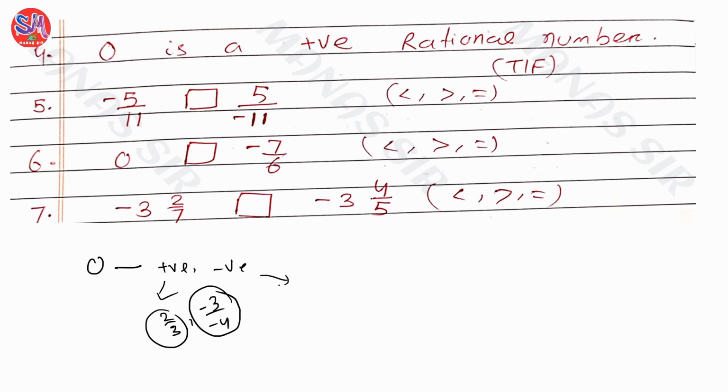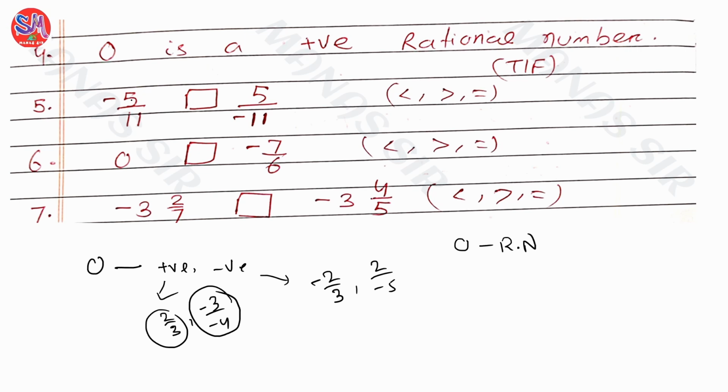Then what is a negative rational number? Where the signs of the numerator and the denominator are different. Suppose minus 2 by 3 or 2 by minus 5, these are negative rational numbers. All of you understand? 0 is not a negative rational number or a positive rational number. Understand? Next. And also remember, 0 is a rational number.